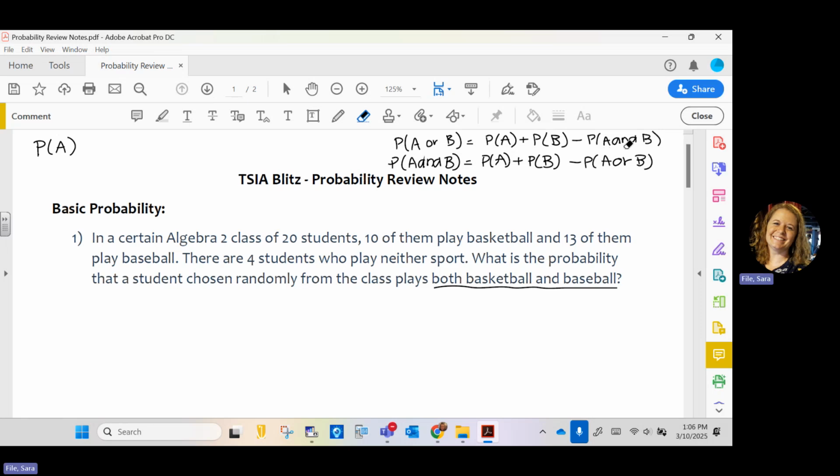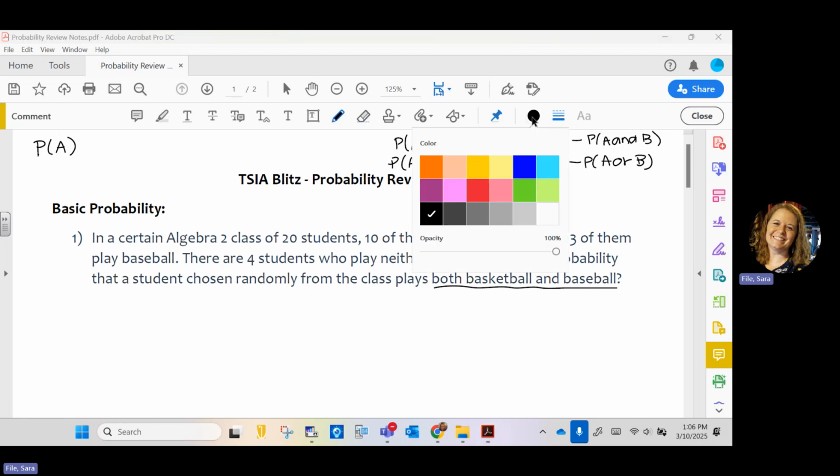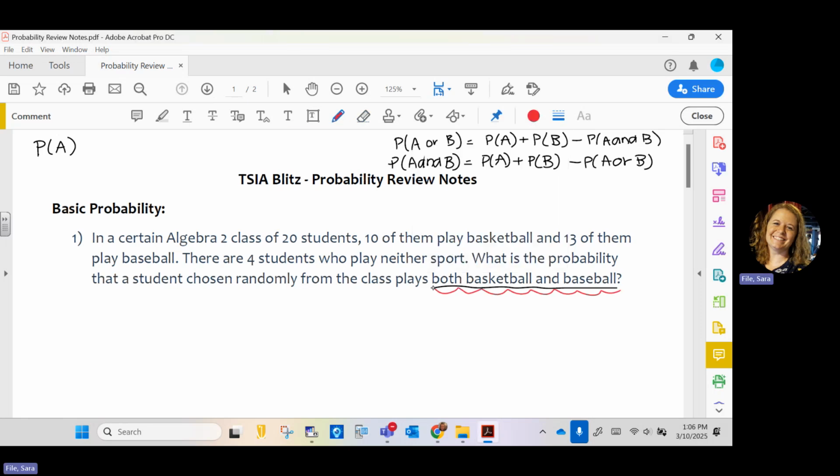In this case, it's the and that I'm trying to solve for in number 1. I want the probability that they play both. That's an and, so I'm trying to find this piece here.